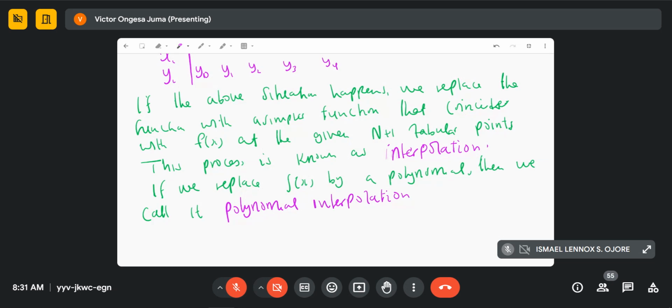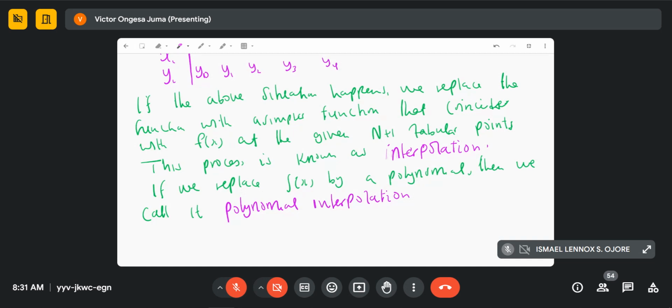So there are several ways of approximating functions. First, those methods depend on the data points. If the data points are equally spaced, then we will see methods mostly based on Newton's: Newton's forward or Newton's backward interpolation.